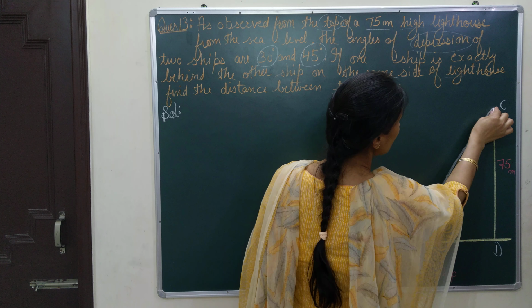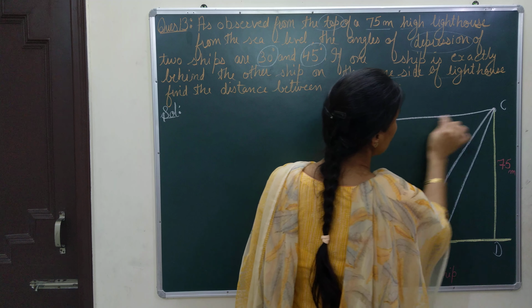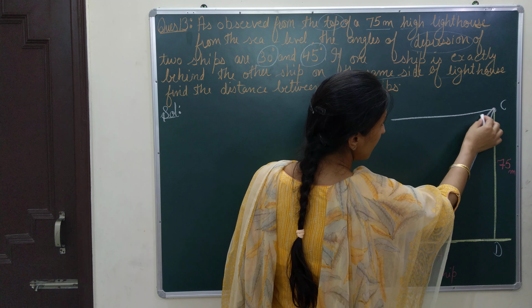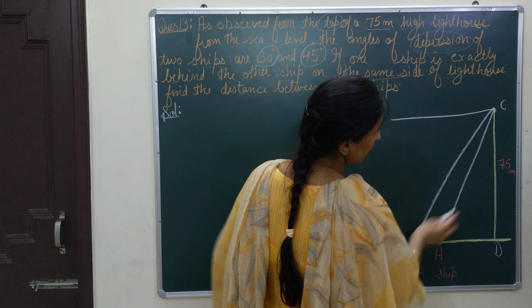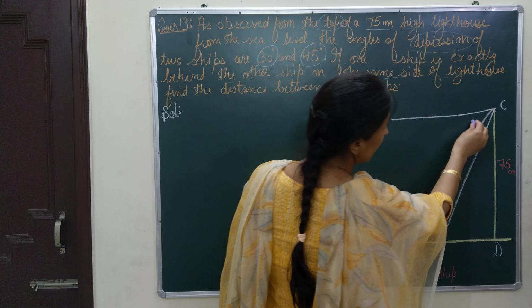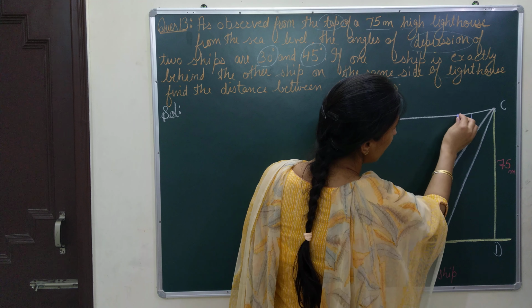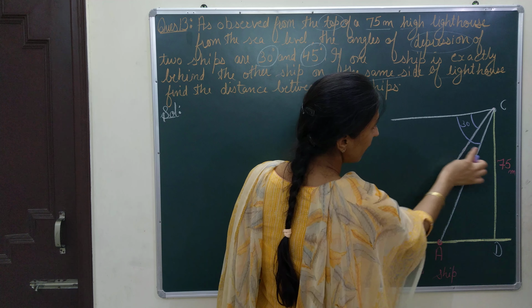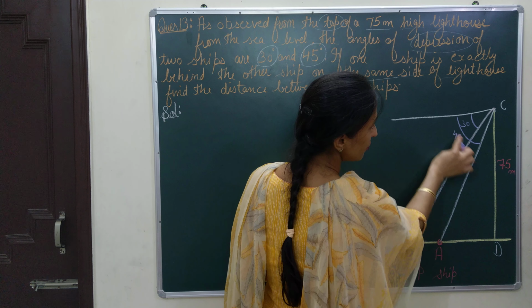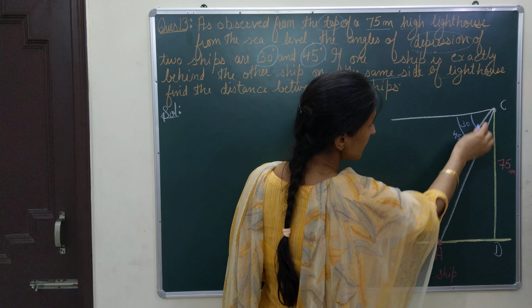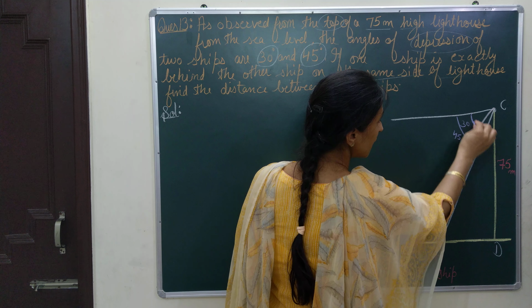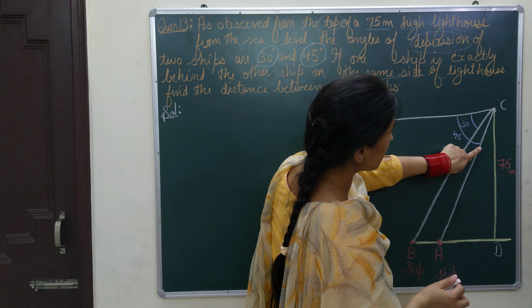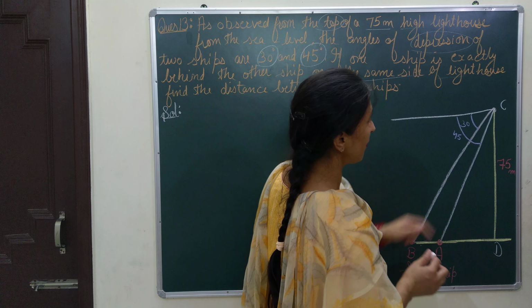Where I will take 30, you can see that this is the smaller angle and this is the bigger angle. So I will write 30 here and 45 on the outside. That means this inner angle is 30 degrees because it is small, and the other angle is big, that is why it is 45 degrees.